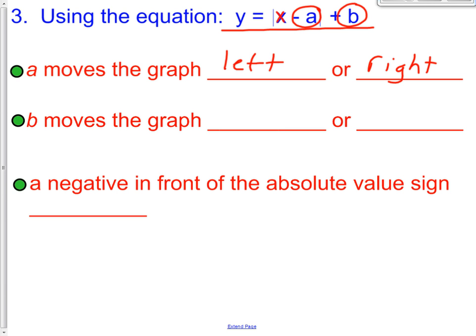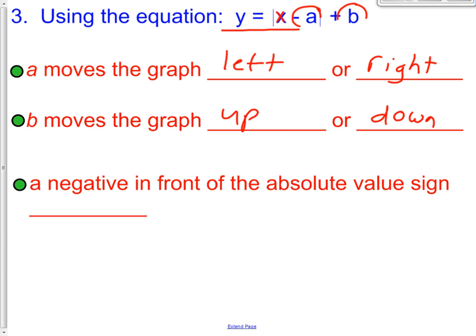So you kind of got to think of opposite for the letter A. Letter B, you do what's written, and this time it moves it up or down. So if this part was plus 3, you'd move it up 3. If it was minus 4 on the outside of the absolute value, you would shift your graph down 4.